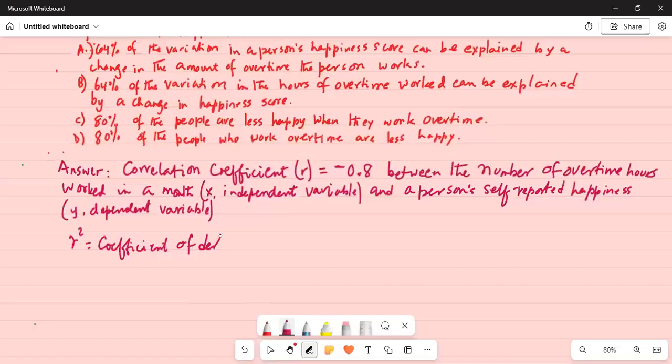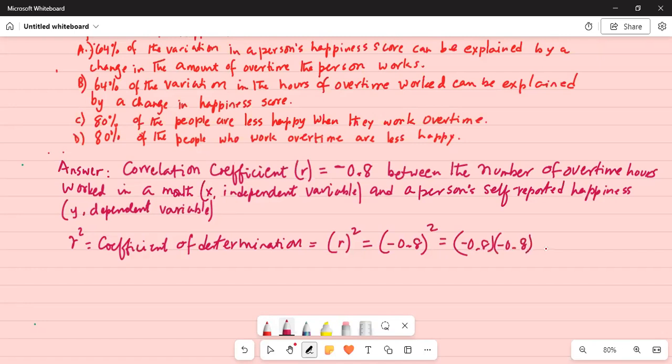Coefficient of determination is equal to R square, in this case minus 0.8 square, which is minus 0.8 times minus 0.8. Two minuses make it positive, so it is 0.64. That's the coefficient of determination.